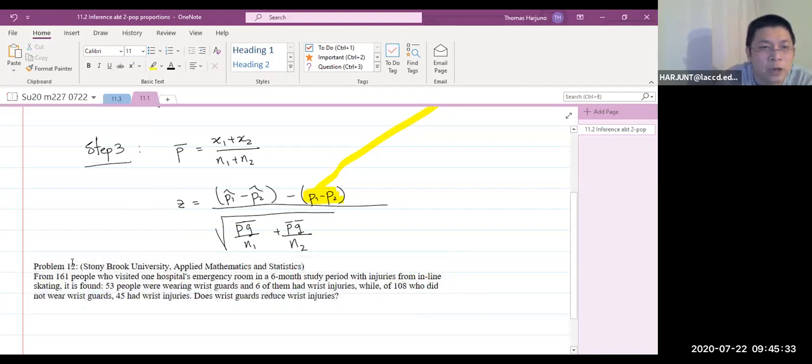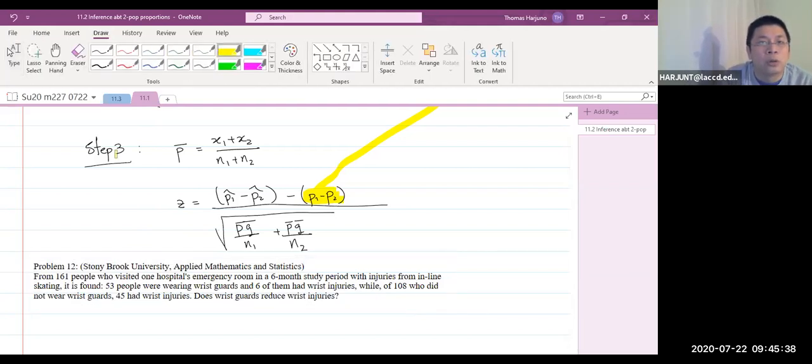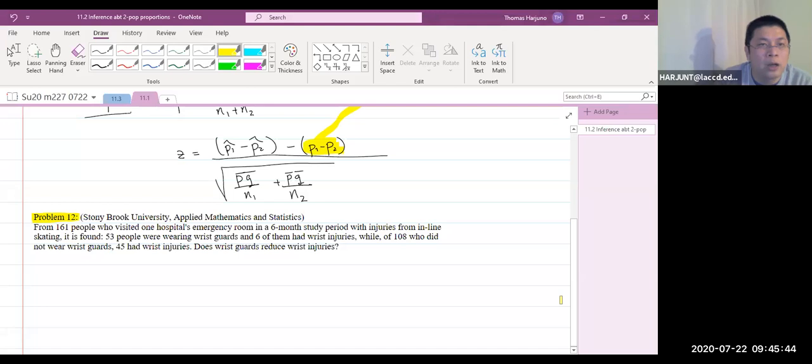Words like these may not be easy to decipher, but let's actually break it up. Okay, from 161 people who visited one hospital's emergency room in a 6-month study period with injuries from inline skating, it is found that 53 people were wearing wrist guards and 6 of them had wrist injuries.